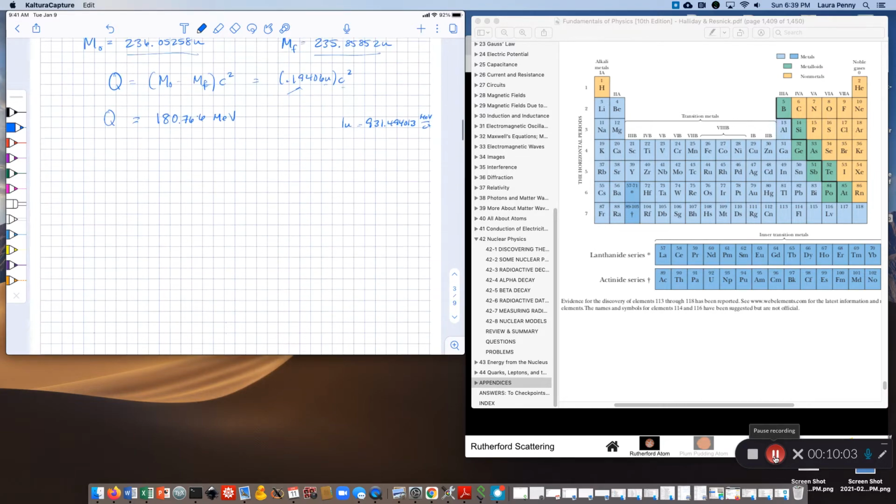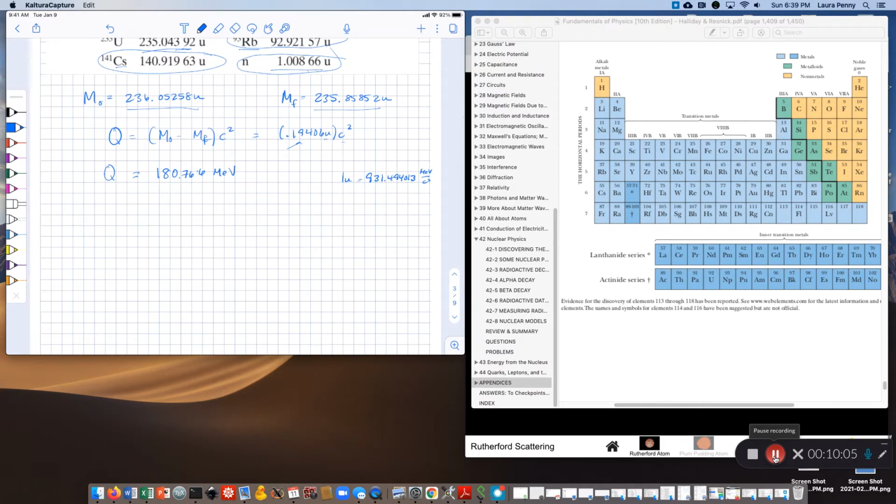Now that's for one reaction, for one uranium-235 reaction.